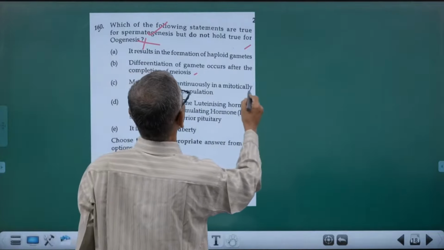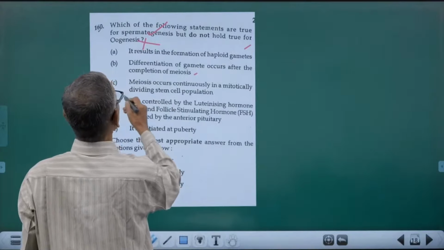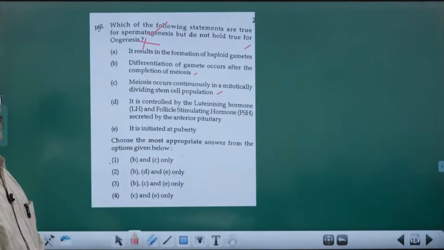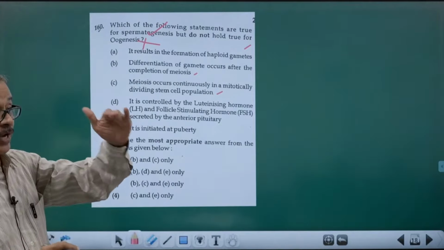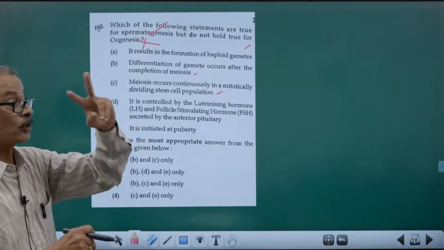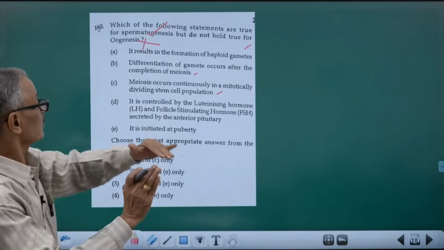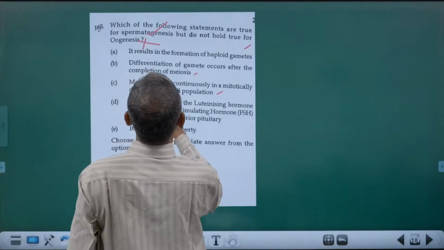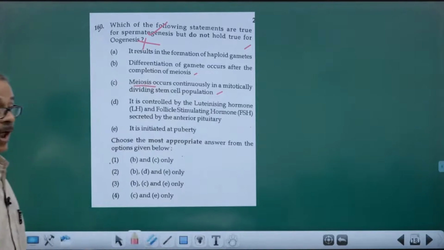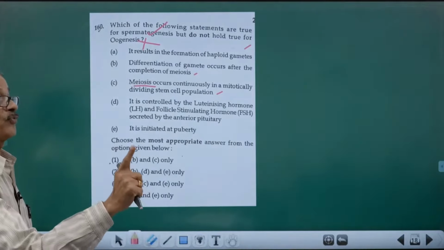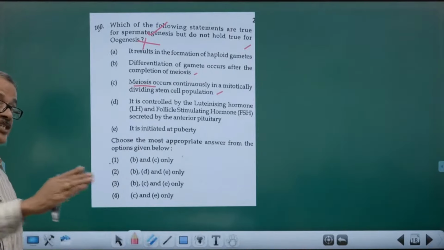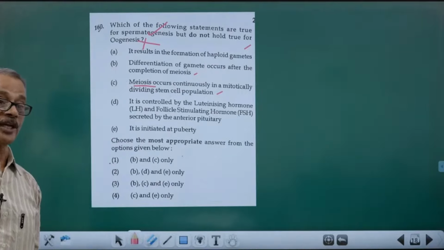Meiosis occurs continuously in a mitotically dividing stem cell population. Why is it so? It is a continuous process. Whereas in female, it is broken. There are two stages at which it is arrested. It is not a continuous one. After prophase 1, it is arrested, stage 1. And the arrest lasts for 12 to 13 years.